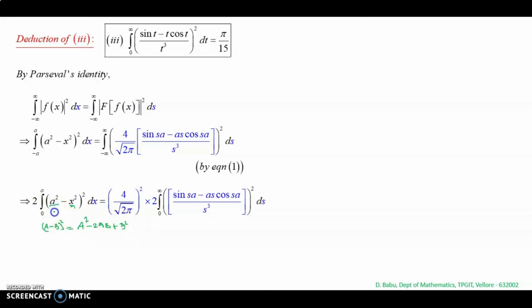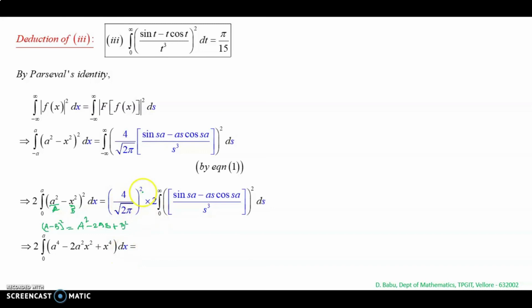Here this is capital A, this is capital B, so apply the formula. So 2 times the integral from 0 to a of a power 4 minus 2 a square x square plus x power 4 dx.